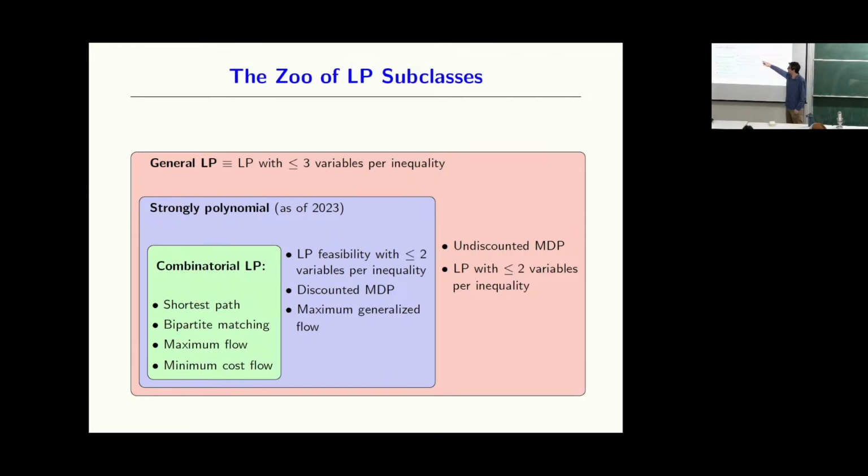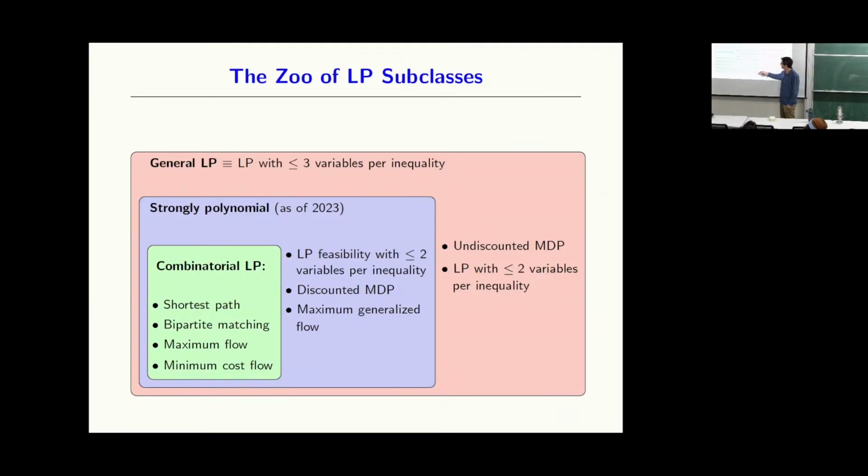The first class that was looked at by Nimrod Megiddo in his paper where he defined strongly polynomial time is that he showed that if you just want to find a feasible solution to a linear program where every inequality is supported by at most two variables, you can do this in strongly polynomial time.